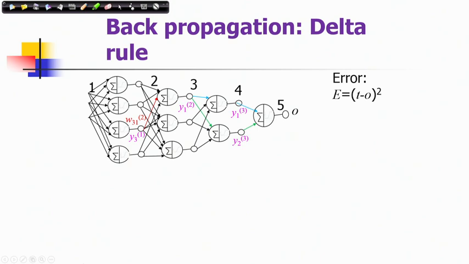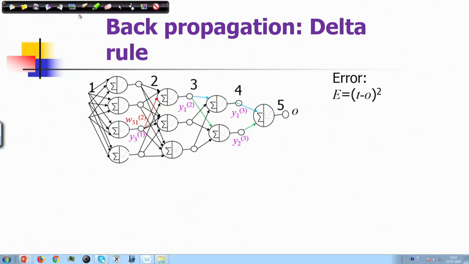We measure the error, as we discussed, as the square of the deviation from the target t to the response given by the network for a particular input and particular values of weights or parameters of that network, which is O. So, (t minus O) whole squared is the error, and we would like to compute the derivative of error E with respect to some parameter. For example, in this diagram we are considering the parameter W31.